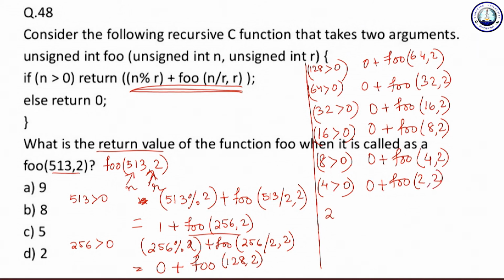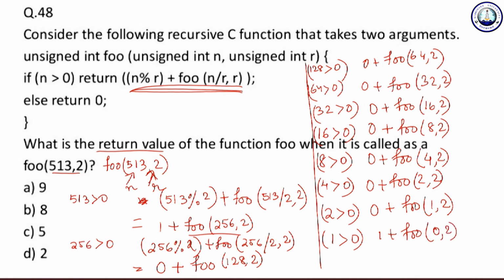Then 2 greater than 0, it will be 0 plus foo of 1, 2. Then 1 greater than 0, it will be 1 plus foo of 0, 2.